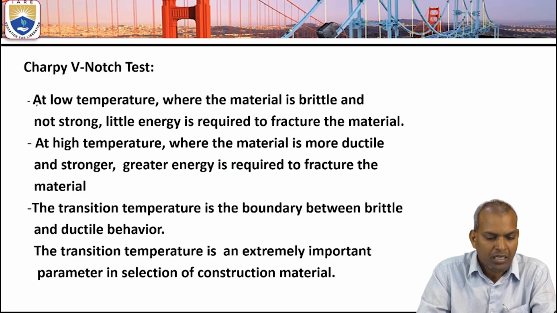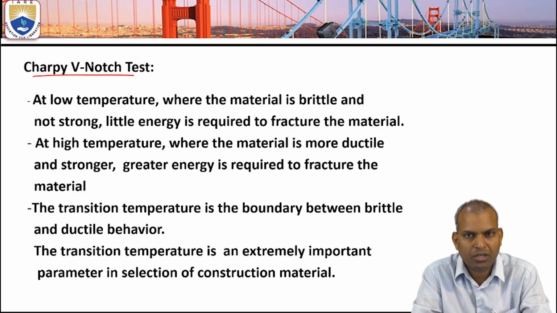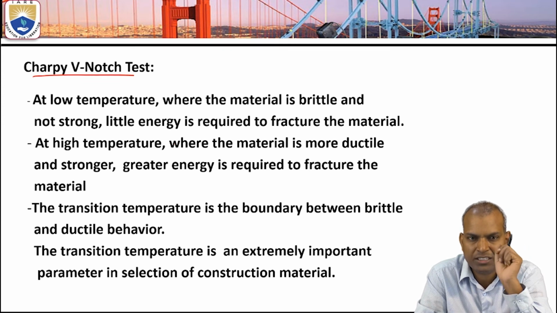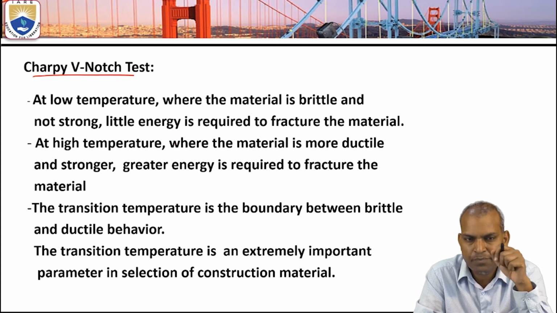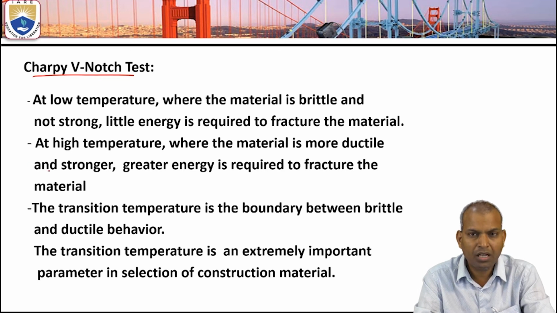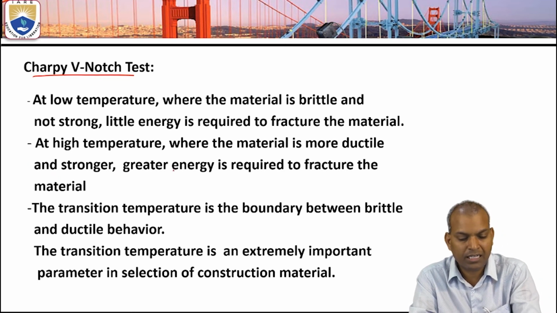In the Charpy V test at low temperatures, the material acts as a brittle material, not strong, and little energy is required to fracture the material. At a high temperature, because temperature is increasing, what will happen? It behaves more ductile and also stronger, and greater energy is required to fracture the material.